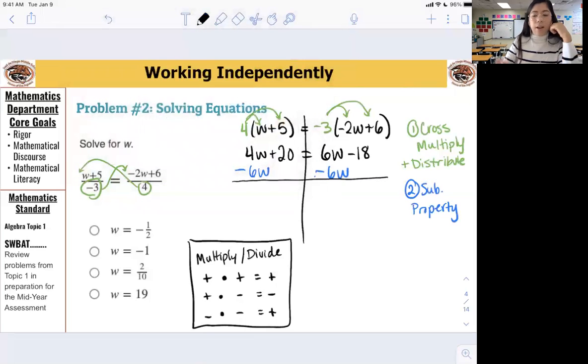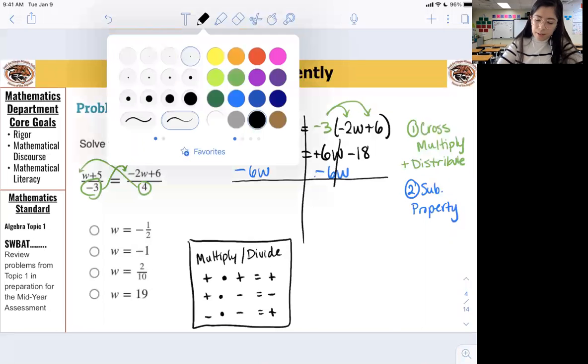Number one, I want all of my variables on the left side, so I have to move that W over to the left. And why am I subtracting versus anything else? Because there's a positive 6. The opposite of a positive is a negative. Exactly. You're always going to do the opposite. Since the 6 is positive, you subtract.